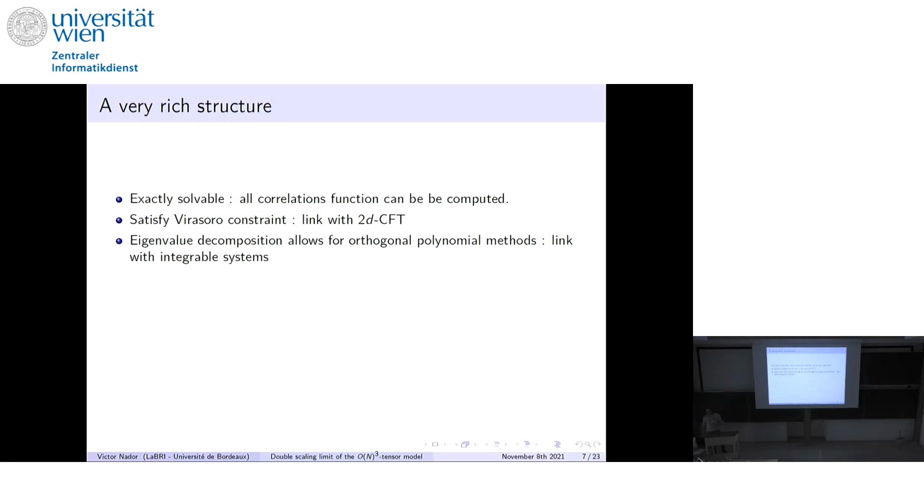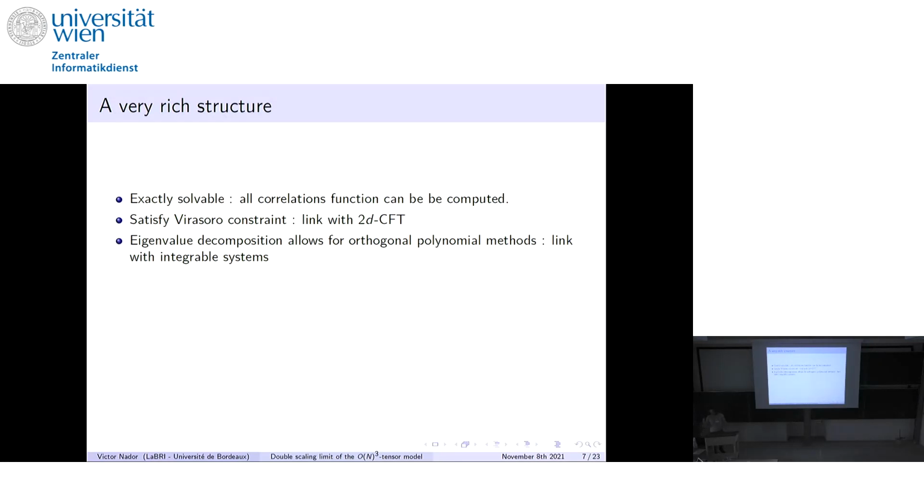Also, they satisfy the Virasoro constraint, sometimes called the loop equation. And using eigenvalue decomposition, it's possible to use the orthogonal polynomial method, and this relates matrix models with some integrable systems.